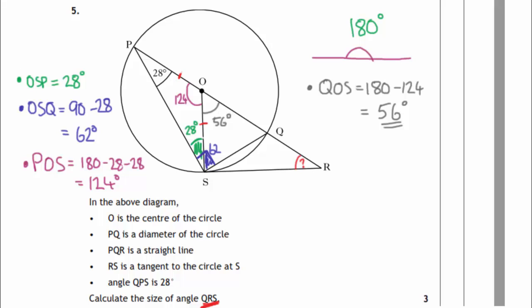What we can now do is work out this, because we know that this triangle has got 56 degrees, 62 degrees, and obviously 180 degrees in the triangle. So the angle OQS equals 180 minus 56 minus 62, and that is 62 degrees.